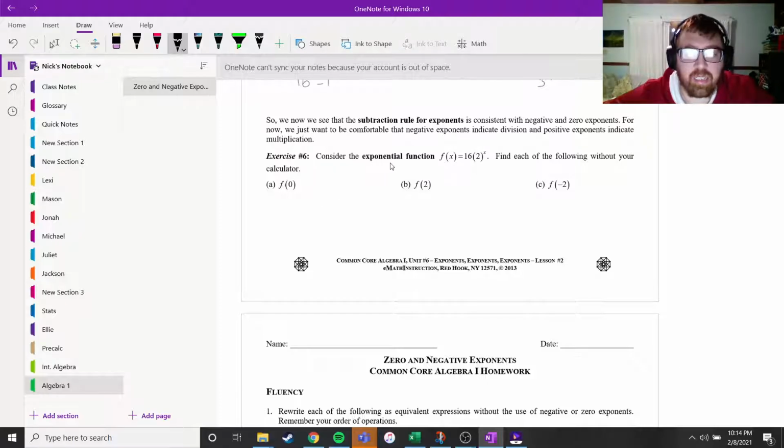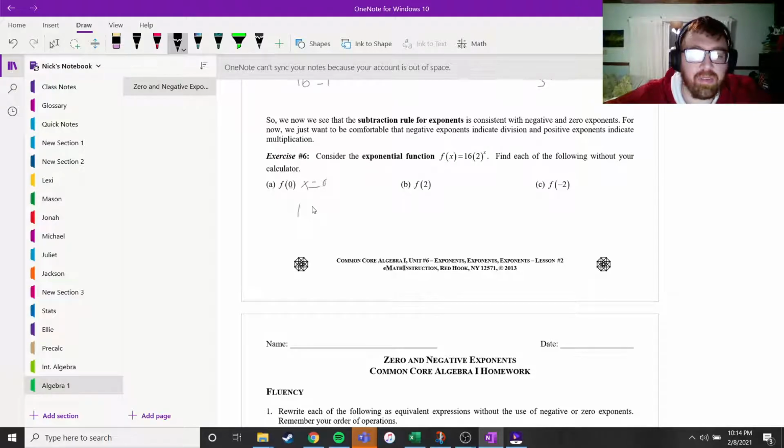So consider the exponential function f of x equals 16 times 2 to the x. Find each of the following without using your calculator. So, relatively easy. Every time we see this, remember we're plugging whatever value is in the parentheses in for the x there. So this is the same as saying x is equal to 0.